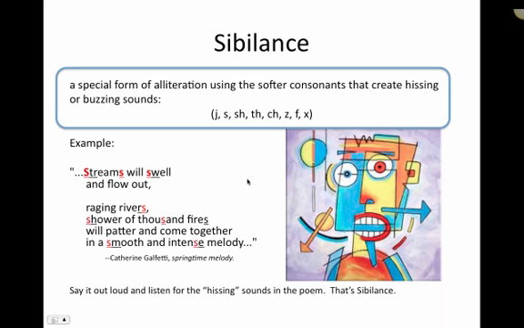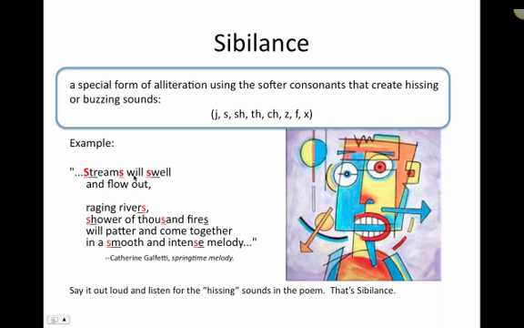Now, sibilants. Sibilance is a special form of alliteration. It's still alliteration, but it's a special type using the softer consonants that create hissing or buzzing sounds. So like j, s, sh, th, ch, z, f, and x. Anytime we have these sounds, it will create what we call sibilance.